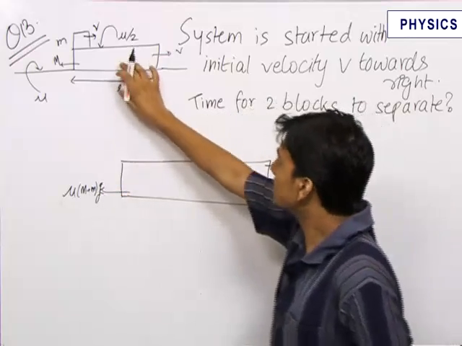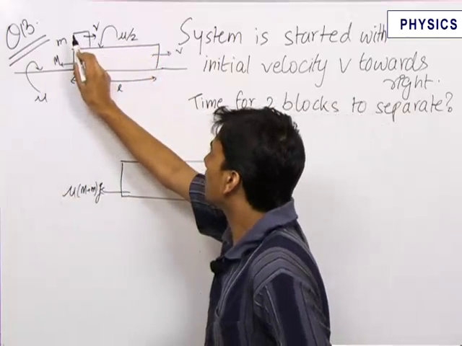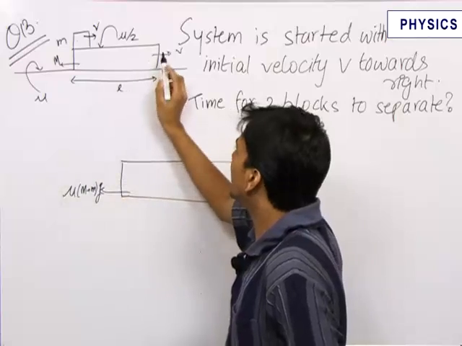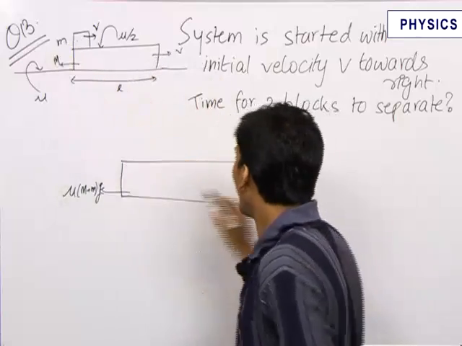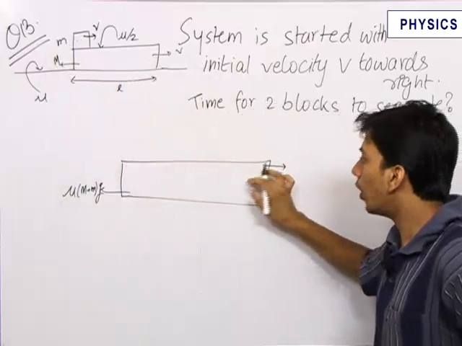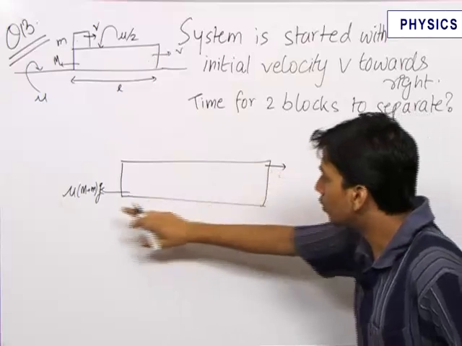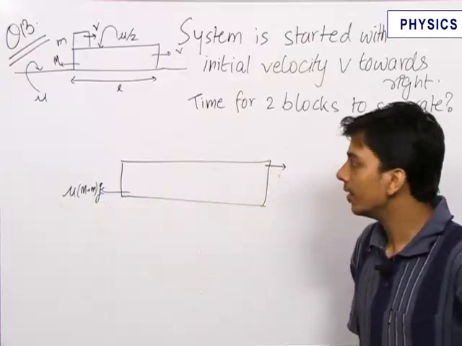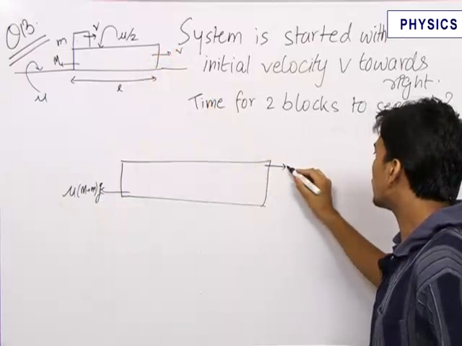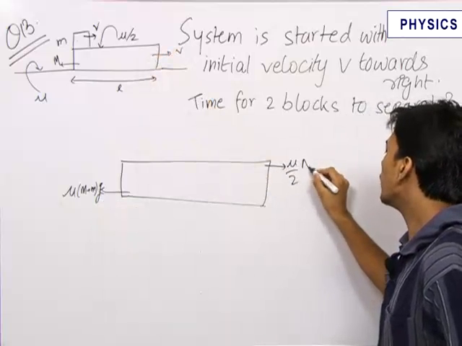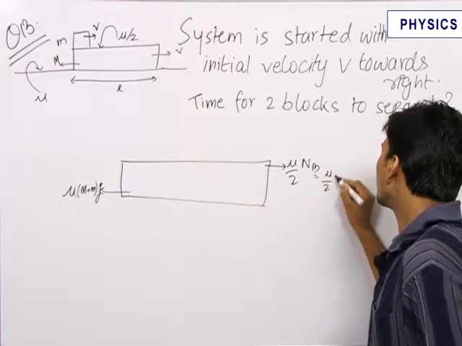Now since this develops a tendency of falling backwards, the friction force by the upper block on the lower block tries to keep the lower block forward and the upper block backward, and it applies a friction force on the lower block in the forward direction so as to counter the frictional force of the ground on the lower block. So this frictional force is equal to mu by 2 into Nb, that is equal to mu by 2 into mg.